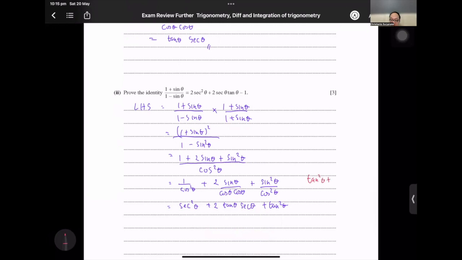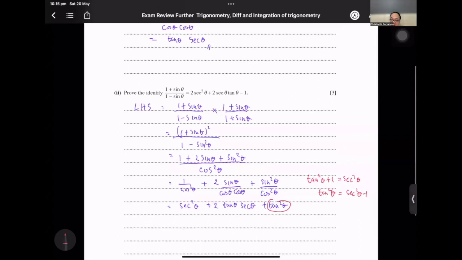Tangent square theta plus 1 equals secant square theta. So tangent square theta equals secant square theta minus 1. So we can change this into secant square theta minus 1.